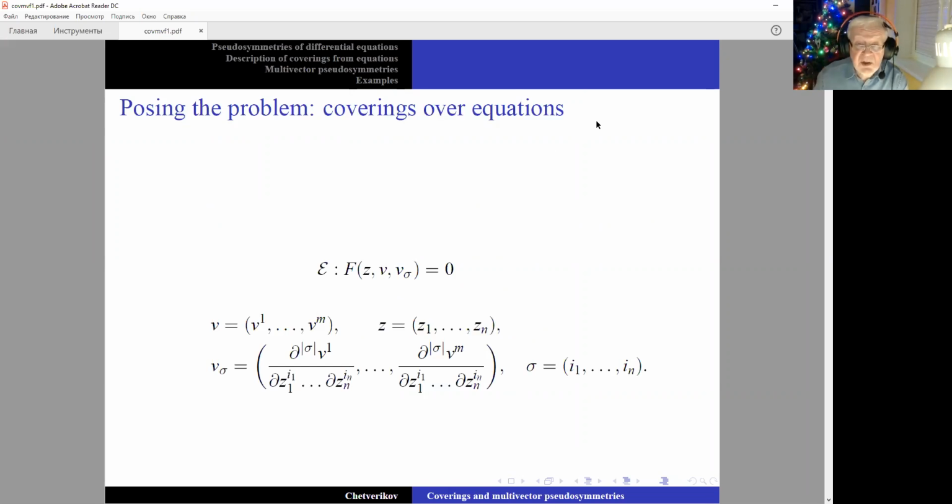Consider a system E with independent variables Z and dependent variables V. To find non-local symmetries of the system, a covering is constructed over the system.